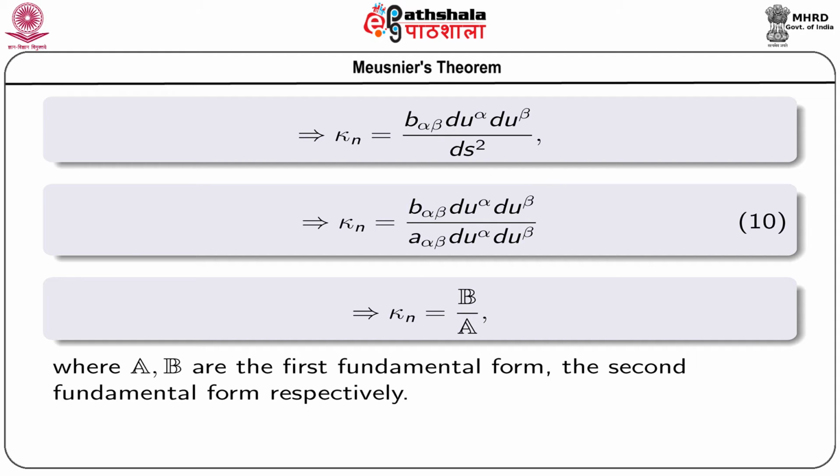So, this is the normal curvature, and from equation number 10 we can easily see that this kappa_n depends upon the directions of du^alpha, du^beta. It is very interesting, where alpha, beta are running from 1 and 2. So, now the normal curvature of a surface depends on the directions of du^alpha and du^beta.